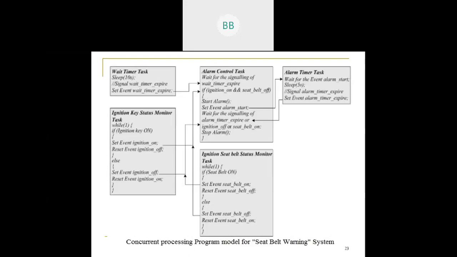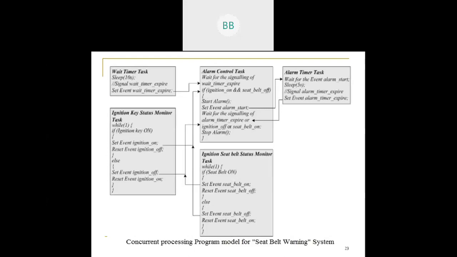Similarly, the events ignition on and ignition off are associated with the ignition key status monitoring task, and the events seat belt on and seat belt off are associated with the seat belt status monitoring task.